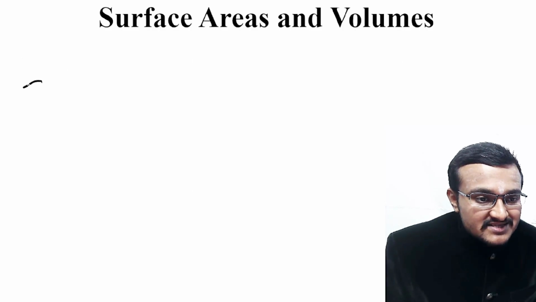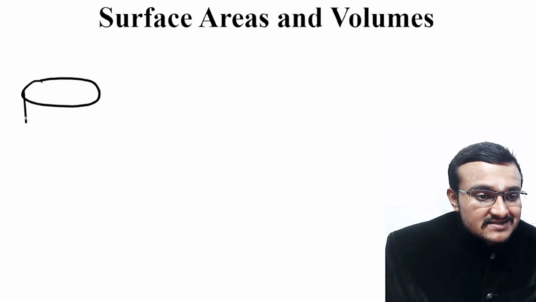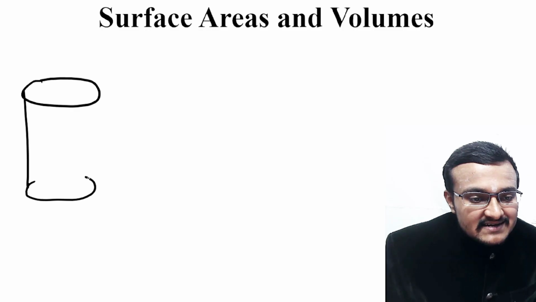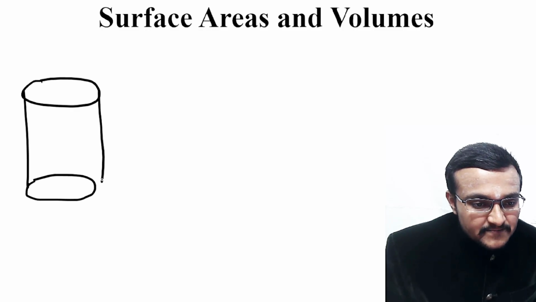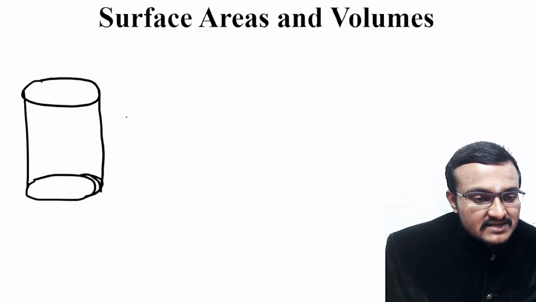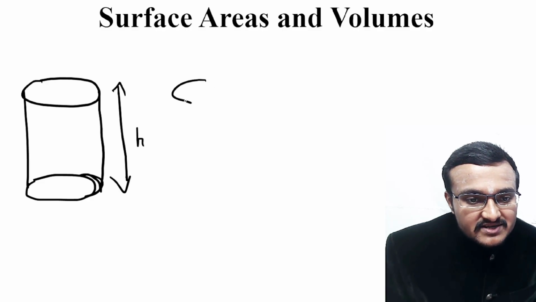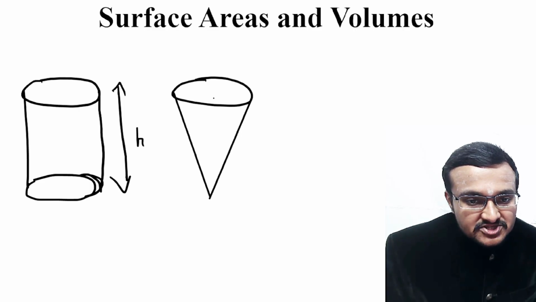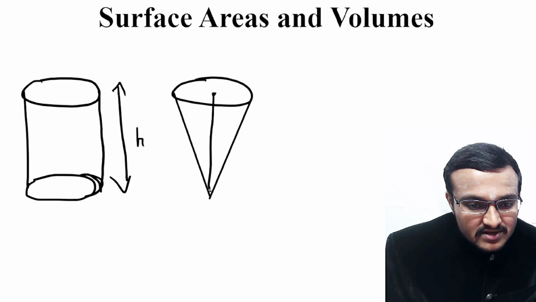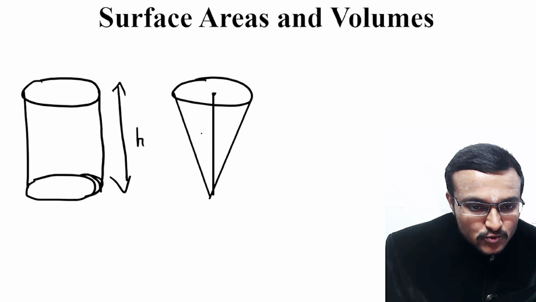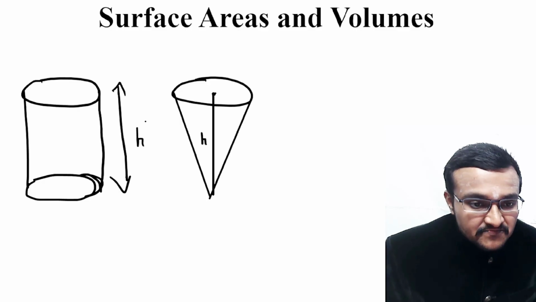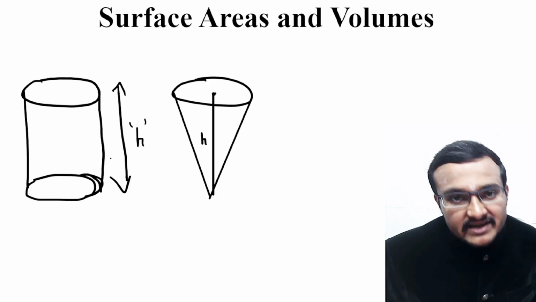Now you can consider a cone which has exactly the same height as the cylinder. For example, if we have a cylinder like this which has height h, then you have to consider a cone which has the same height h. The height we consider from the center of the cone like this. So the cone has height h and the cylinder also has height h.